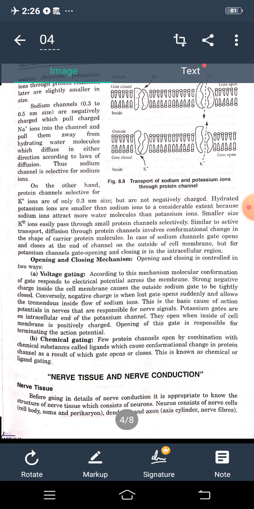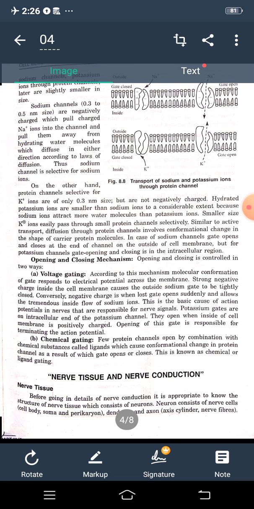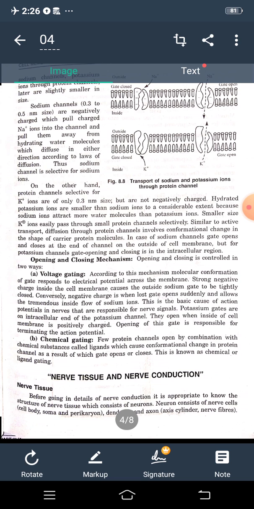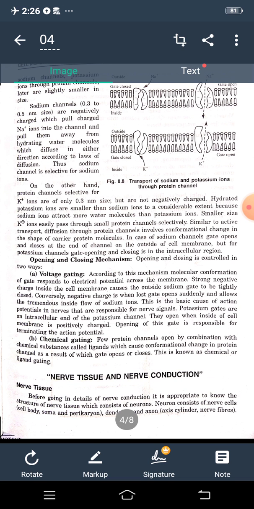A strong negative charge inside the cell membrane causes the outside sodium gate to be tightly closed. Conversely, when the negative charge is lost, the gate opens suddenly and allows a tremendous inflow of sodium ions. This is the basic cause of action potential in nerves that are responsible for nerve signals.